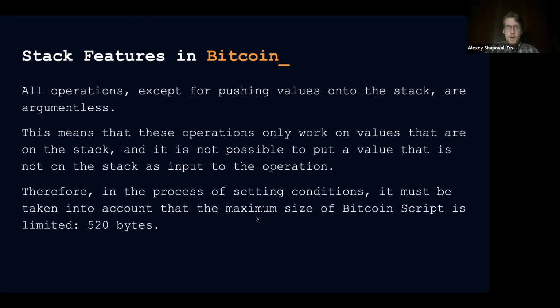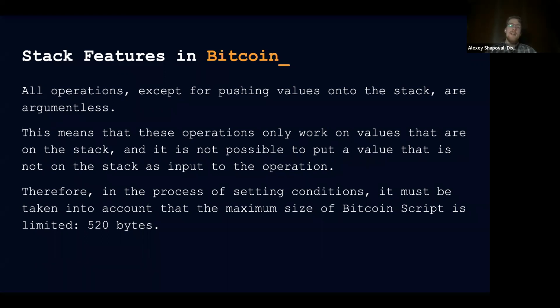And considering all of that, we have to be mindful that this stack is not endless, so there is a limit, and the maximum size of Bitcoin script is 520 bytes.